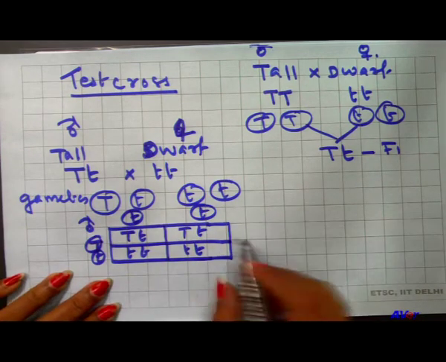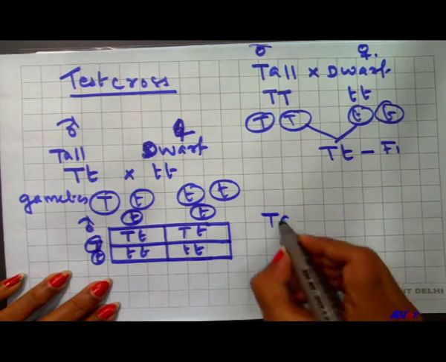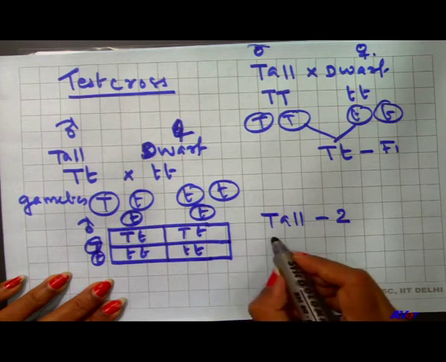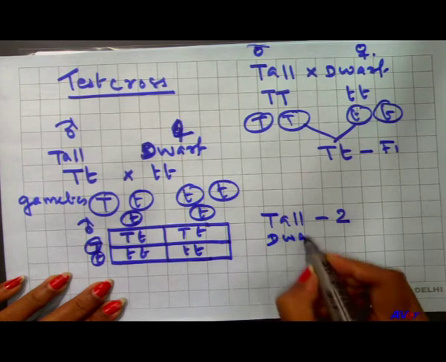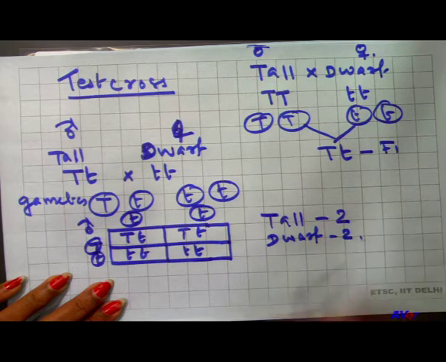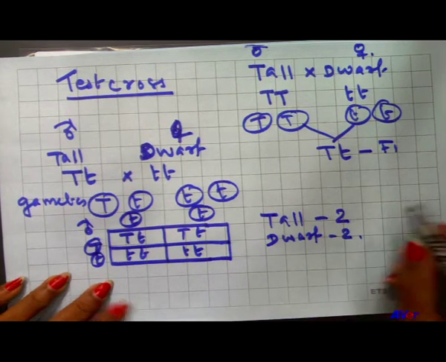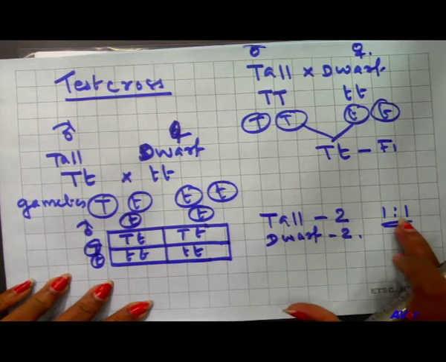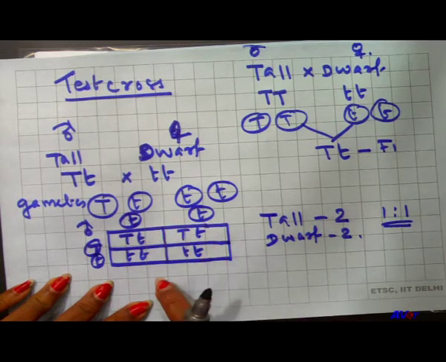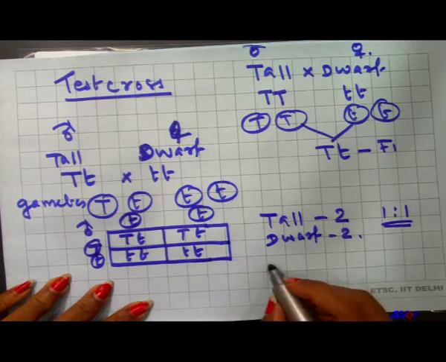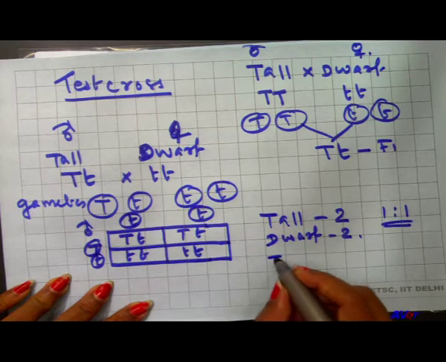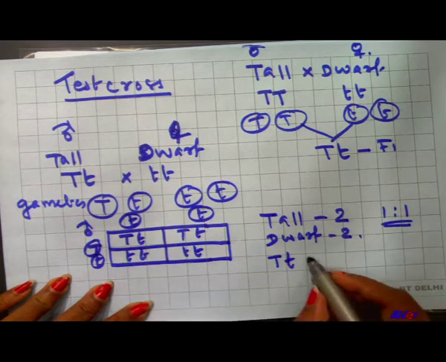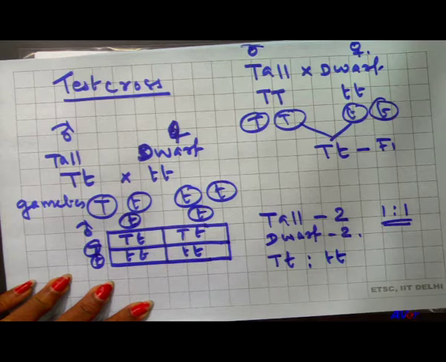Here these two progenies are tall and these two progenies are dwarf. 2:2, that means 1:1 phenotype. Now coming to the genotype, we are getting only two types of genotype here. One is capital T small t, the other is small t small t.